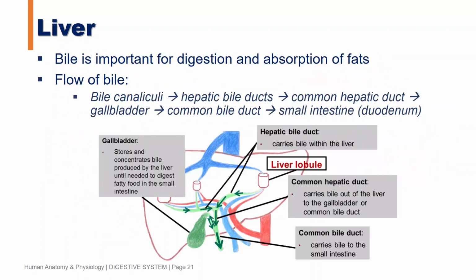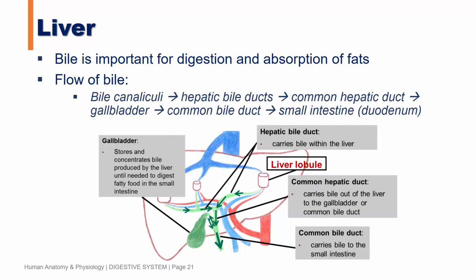Bile is important for digestion and absorption of fats. Flow of bile: canaliculi to the hepatic bile duct and common hepatic duct to the gallbladder and common bile duct and small intestine or your duodenum. Okay, look at the photo.